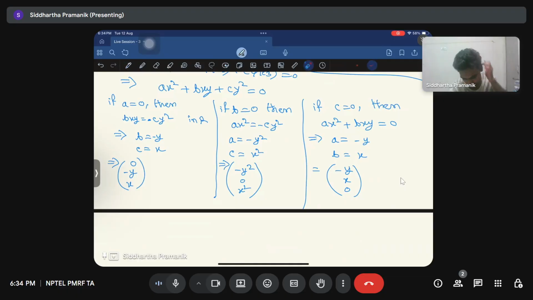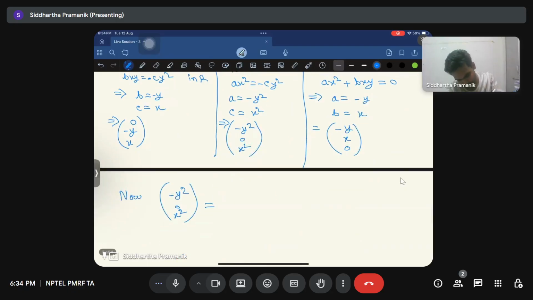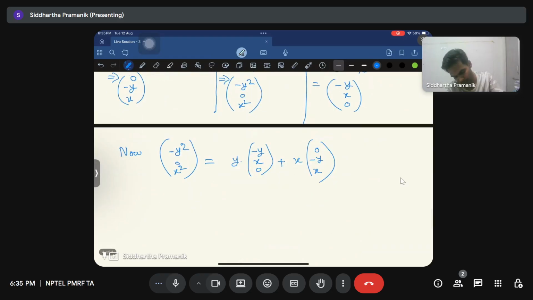But one thing you can notice is that this element can be written as a linear combination of the other two elements, because minus y square, 0, x square is y times minus y, x, 0 plus x times 0, minus y, x. So this element is actually redundant in the kernel.